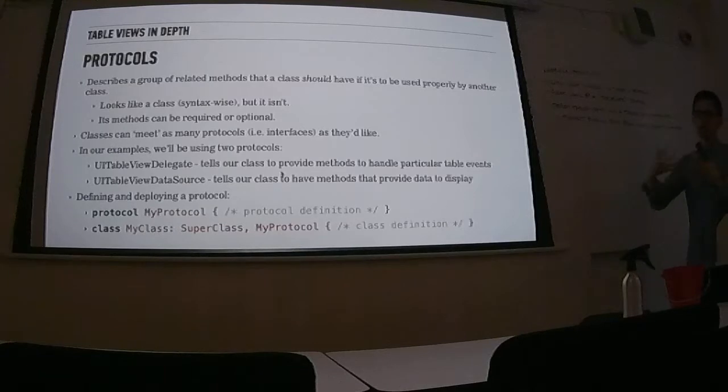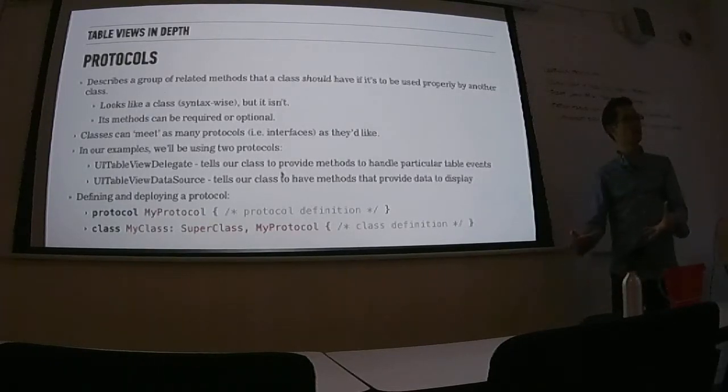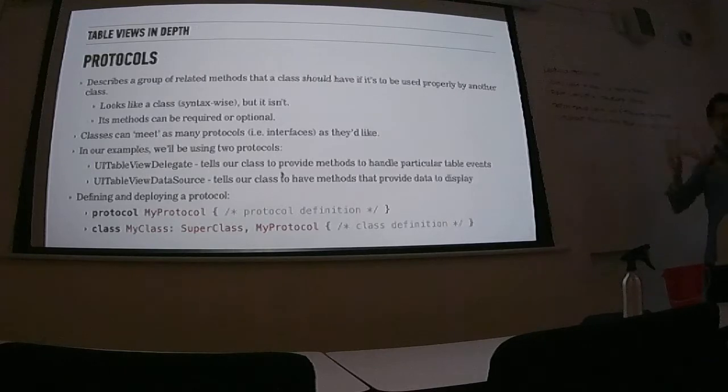So that contract means that whatever is consuming your object, that consumer can call those methods on your class, and it is assured that they are there. So this happens a lot because there's a chunk of code that Apple provides us and a chunk of code that we write.